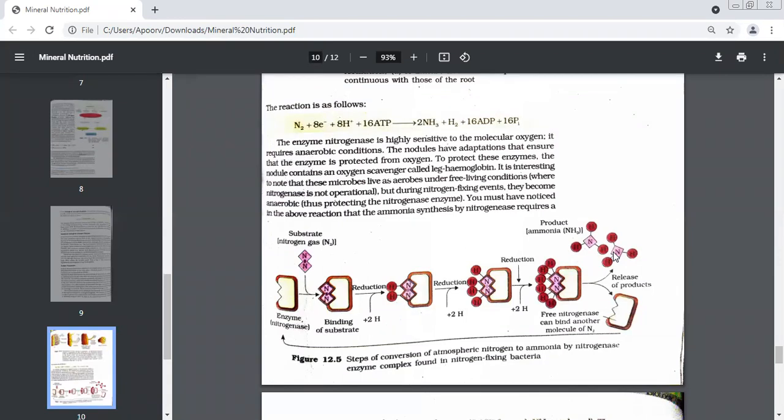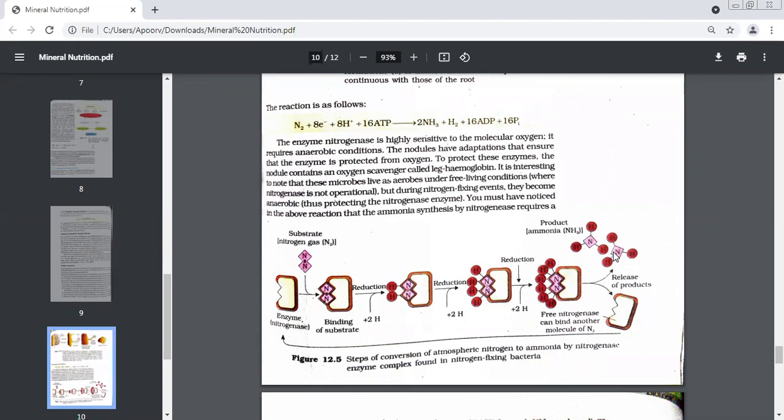Oxygen. So we had two things in the nodule: the enzyme nitrogenase and leg hemoglobin. Nitrogenase is very important because the main function of nodule formation was to fix atmospheric nitrogen.